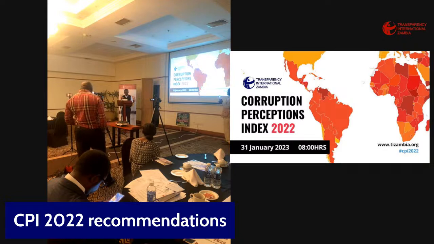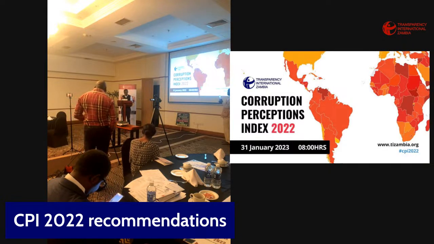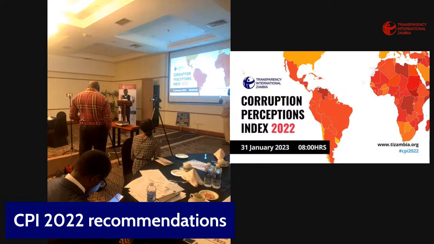We therefore encourage the Ministry of Home Affairs and Internal Security and the Ministry of Justice to make progress with regards to the enactment of this law in line with Article 60, Clause 4 of the Constitution of Zambia.